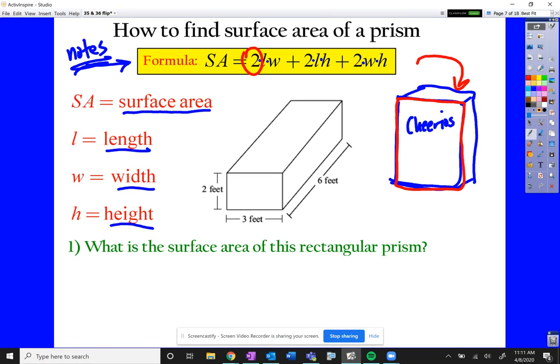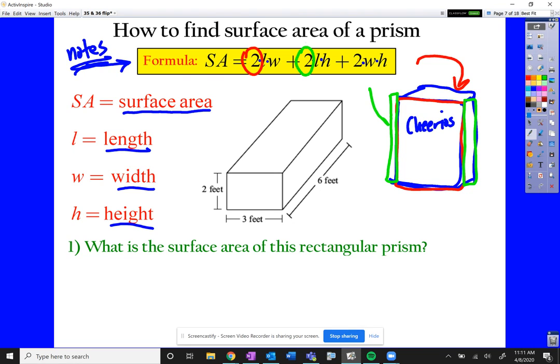Okay, then in a different color, let's say we found the area of the side flap that has the nutritional facts. And that is, let's say, the height times the length, right? Well, guess what? On the other side of the box, there's another flap that's exactly repeated. So it's 2 times that.